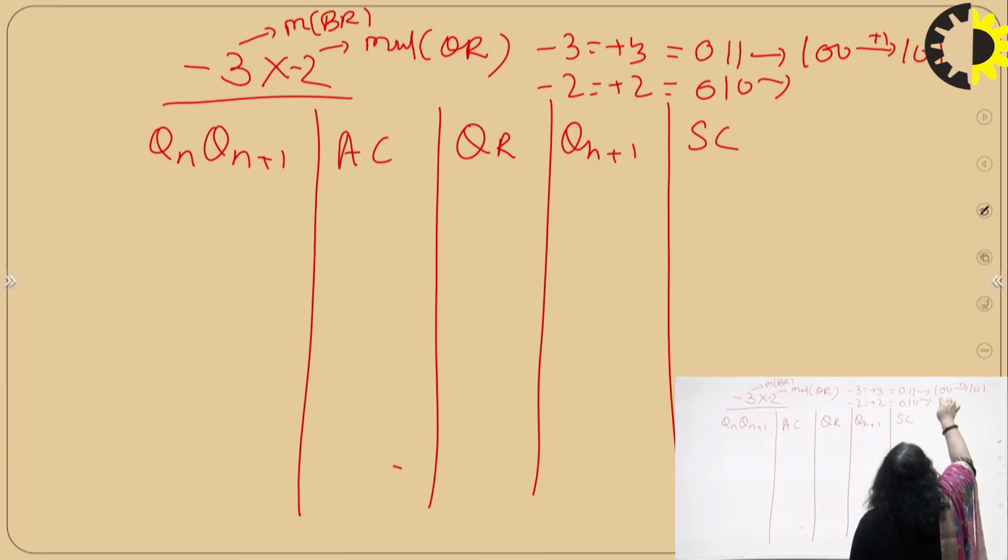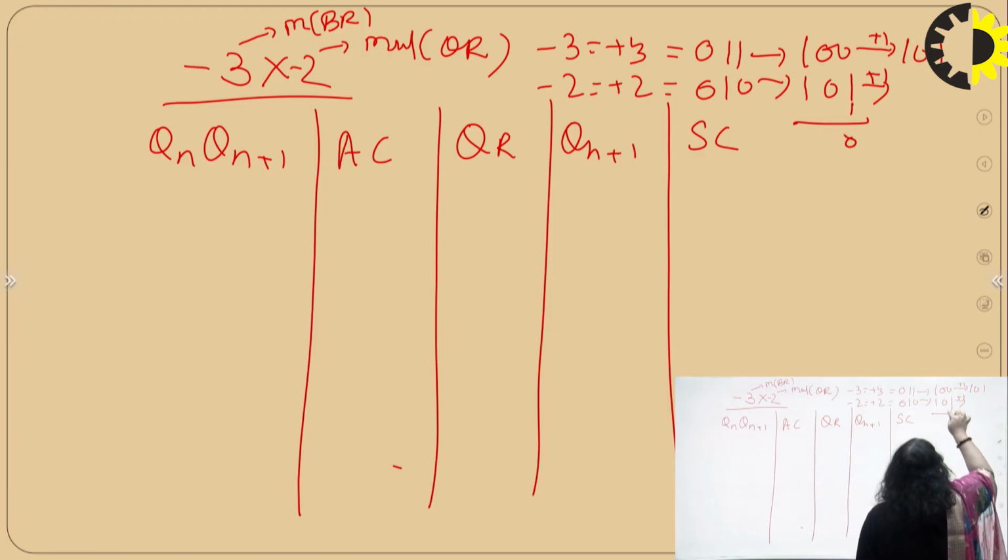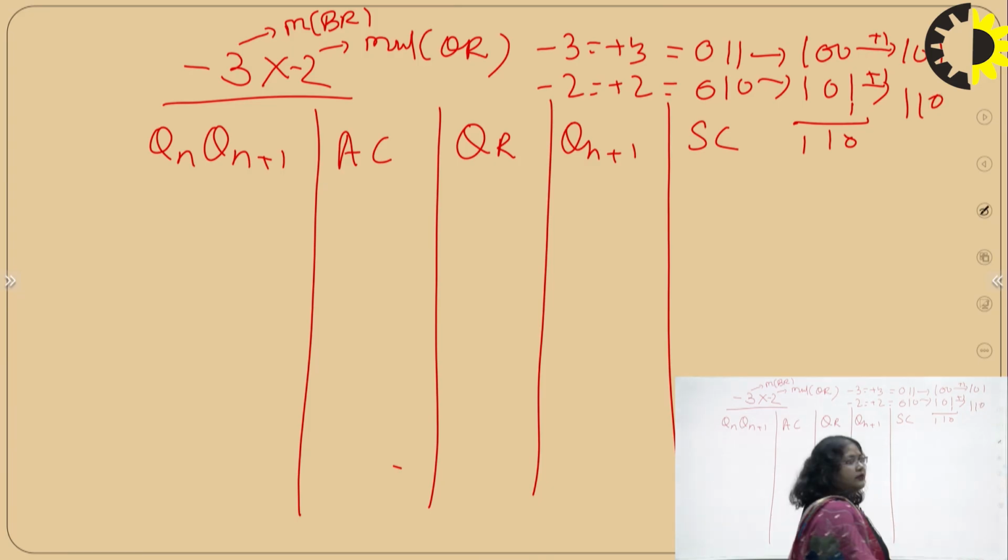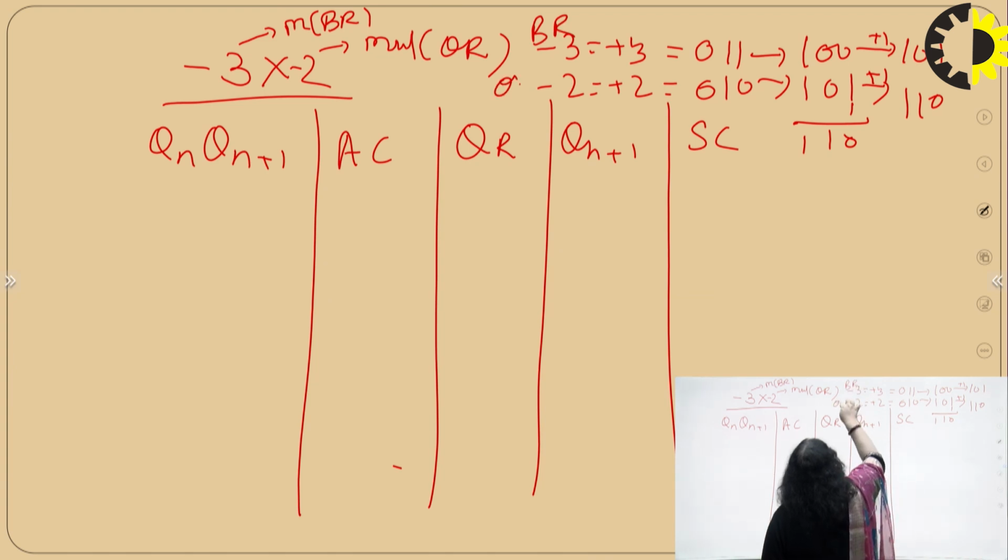Then take the complement, it is 1 0 1. Add 1: 1 plus 1 is 0, carry 1, then 1 1, so it is 1 1 0. So this is BR and this is QR.